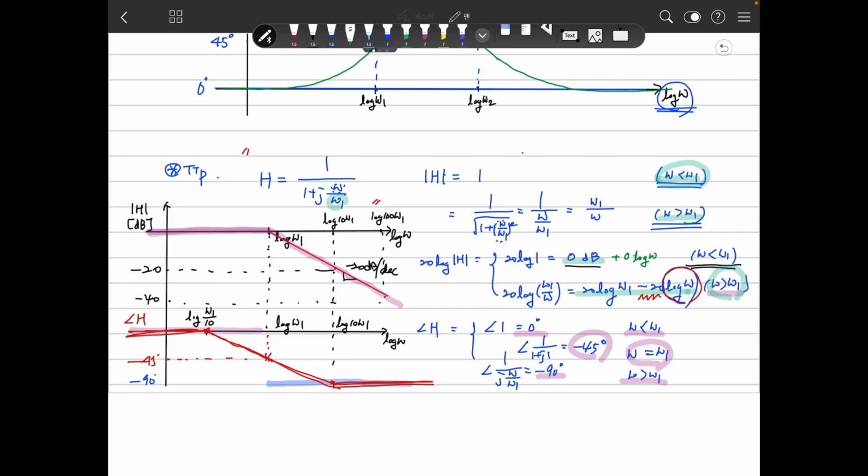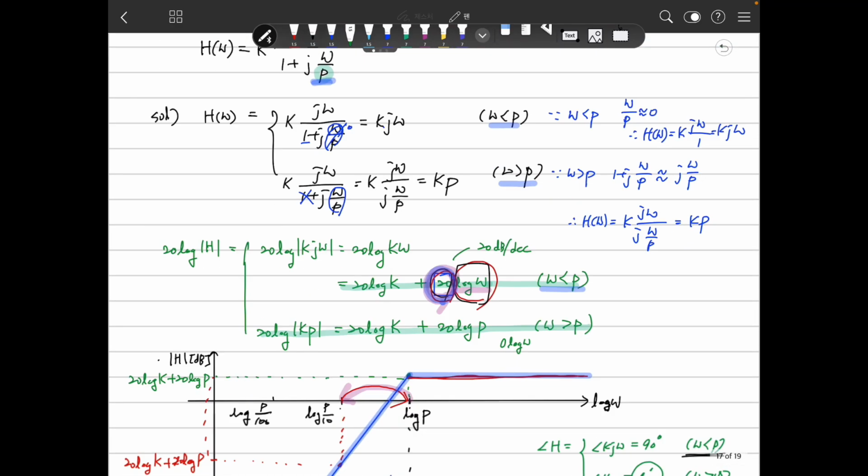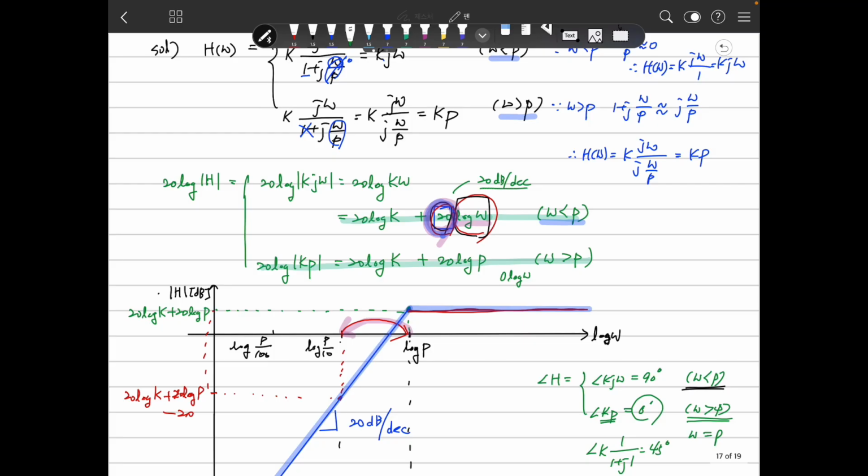But after omega 1, the slope is minus 20 dB per decade. Remember that if the frequency increases and meets the corner frequency, especially the pole, then the slope reduces by 20 dB per decade. From 0 to minus 20, and here from plus 20 to 0.